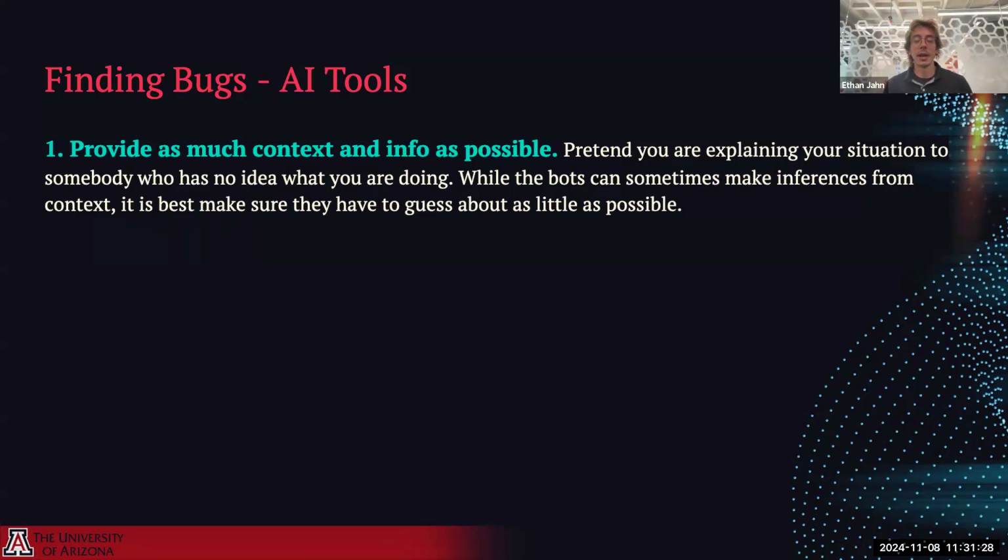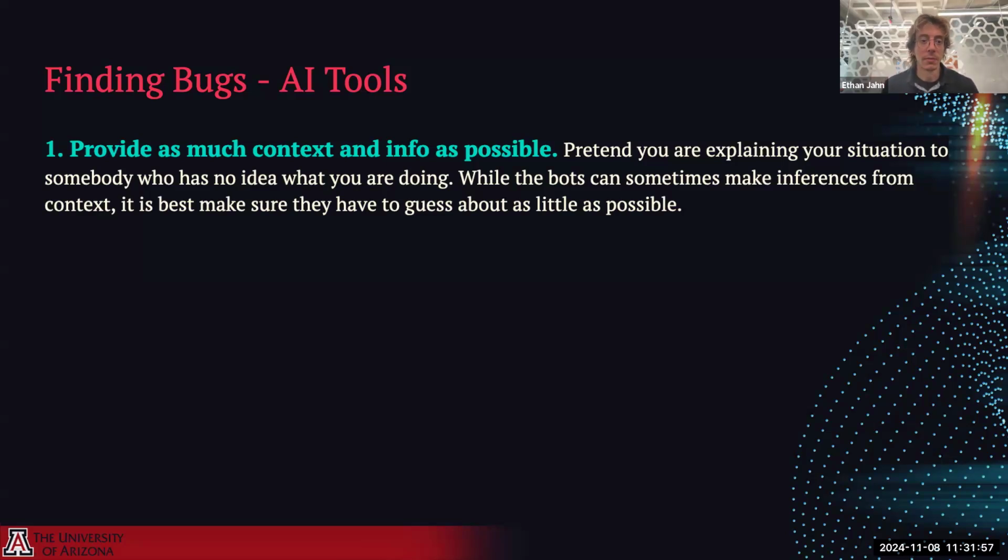It doesn't have to just be like, how do I fix this, right? You can say, I'm doing this with this backend with these codes, trying to do this on an HPC system. And when I do this, this is the type of error message I get. And copy and paste that whole error message in there. It is possible for the chatbots to make inferences from context, but it's best to make sure that they have as little to guess about as possible.